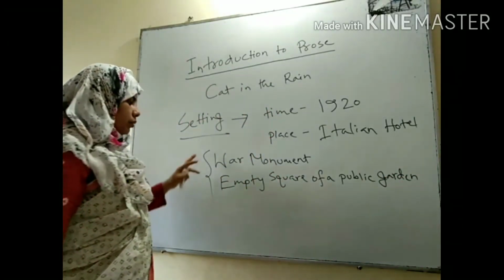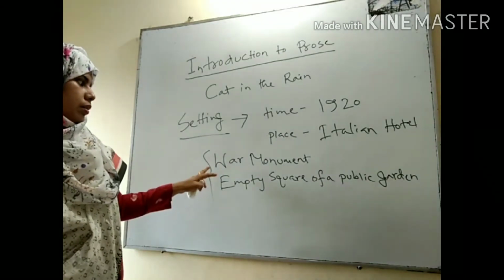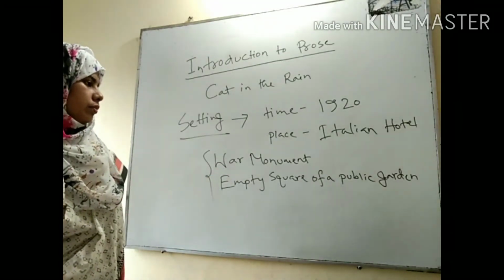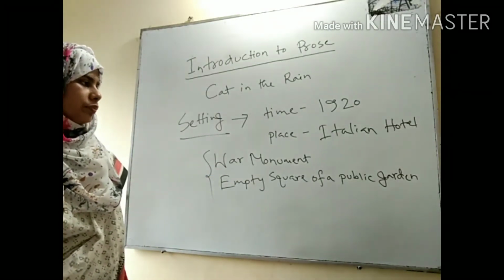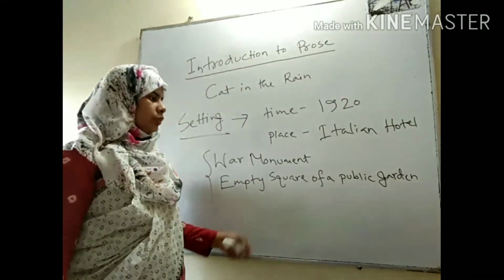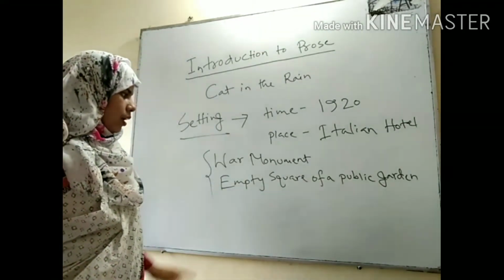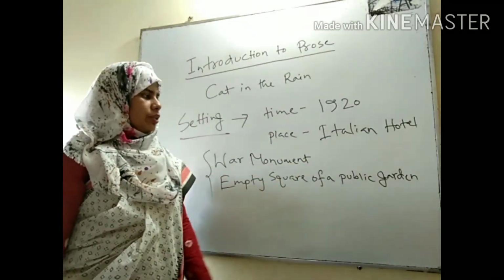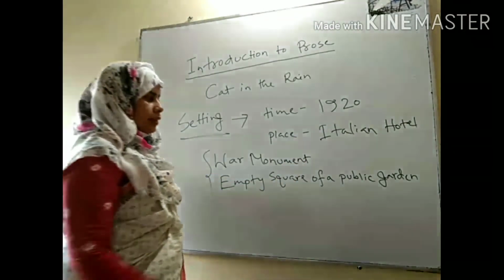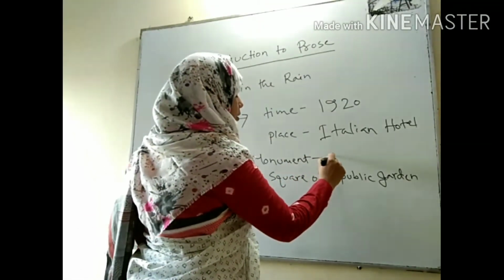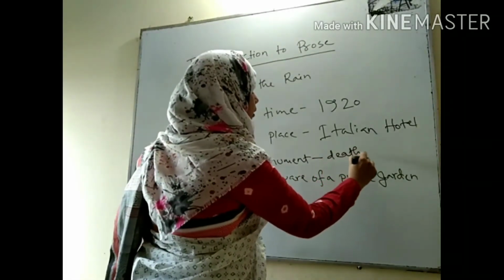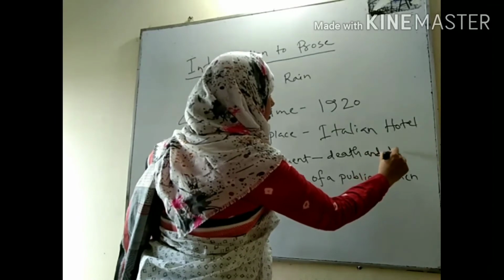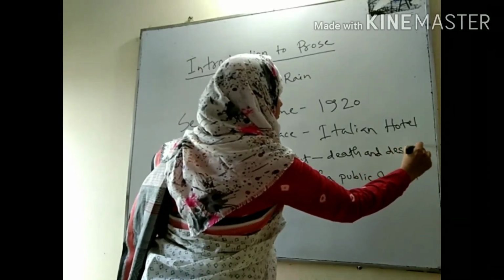These two things symbolize something which is related to our story. You know, war monument is related with destruction, death. So it is related with death and destruction.